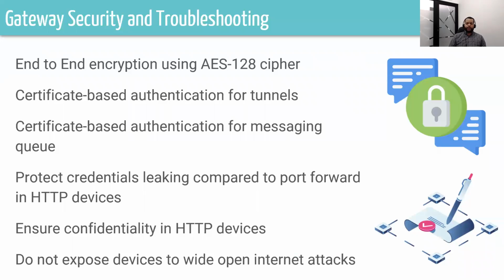We use certificate-based authentication for a messaging queue. That means that we provide a digital signature as well on every message that is coming out of the site, so it cannot be replayed, mangled or tampered with in transit, or presented as any other information. We protect against credentials leaking compared to port forward in HTTP devices.